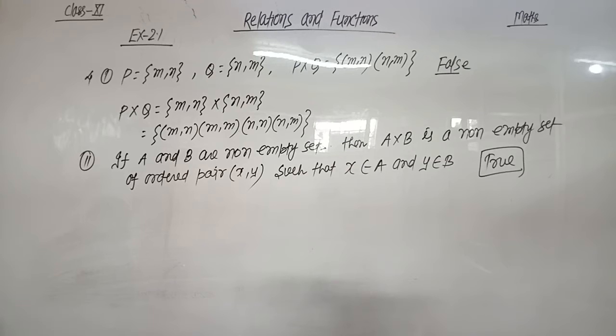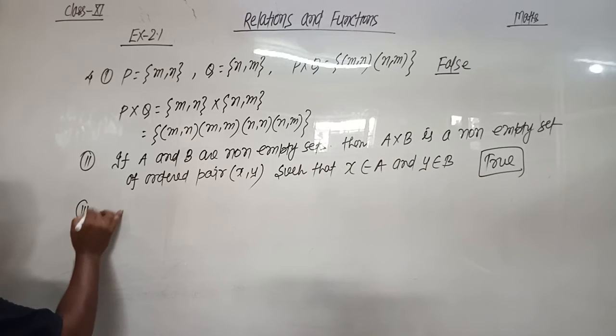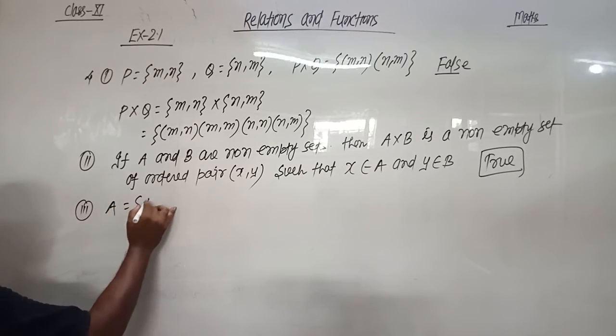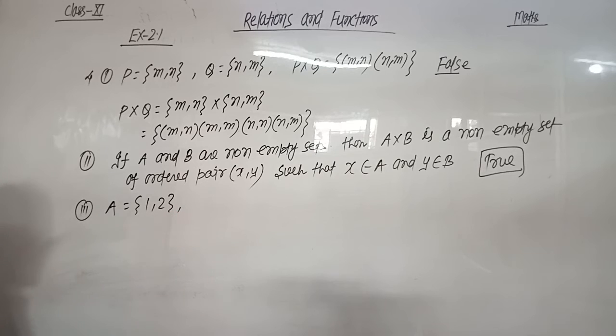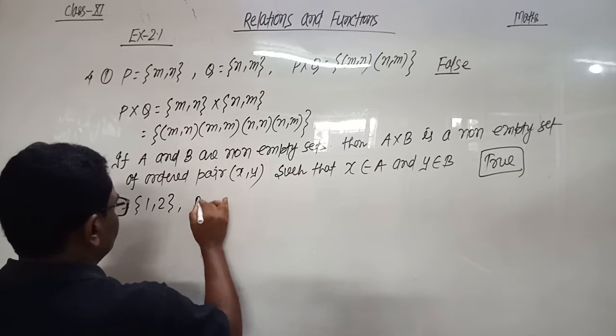The third statement: set A equals {1, 2}, set B equals {3, 4}.